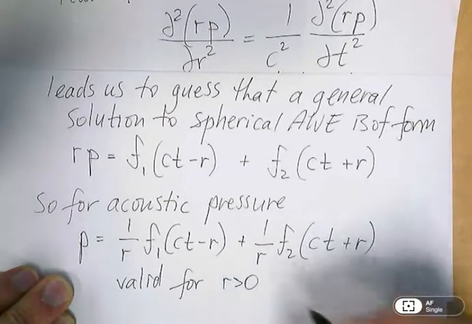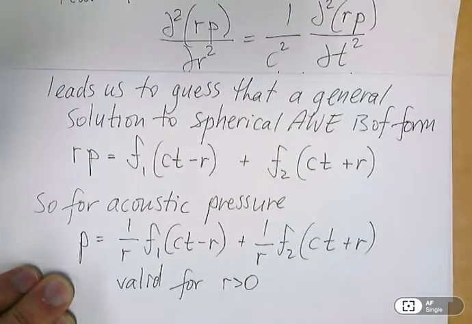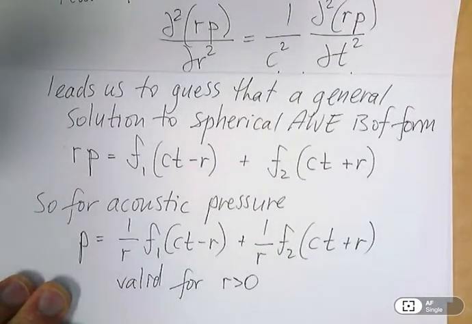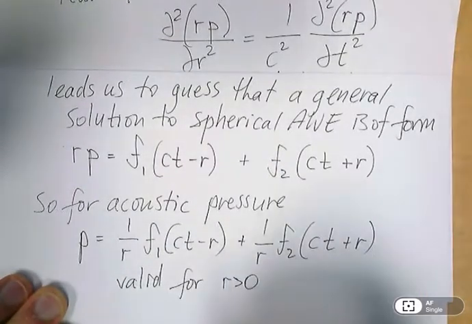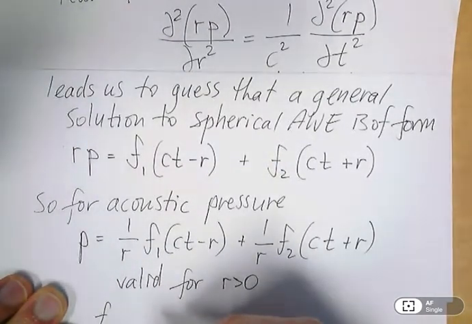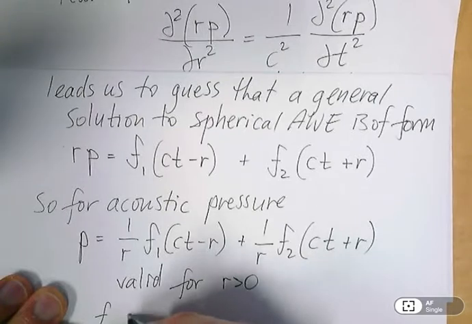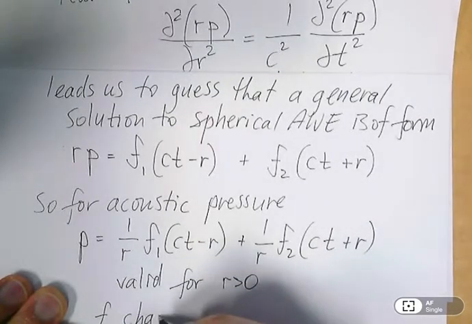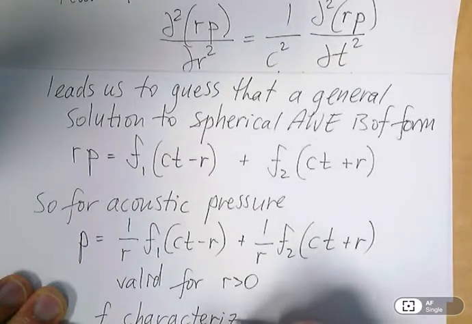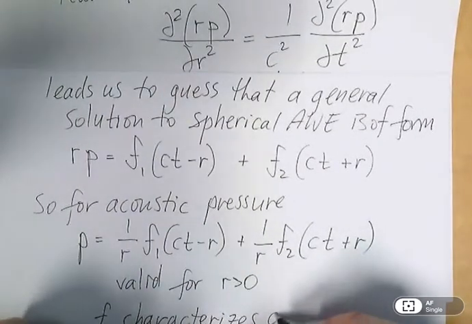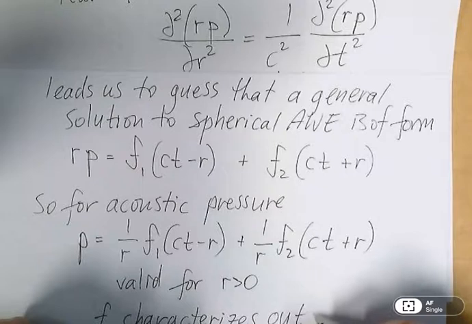So what do we have here? Well, this function F1 characterizes outward propagating waves, so outgoing spherical waves.